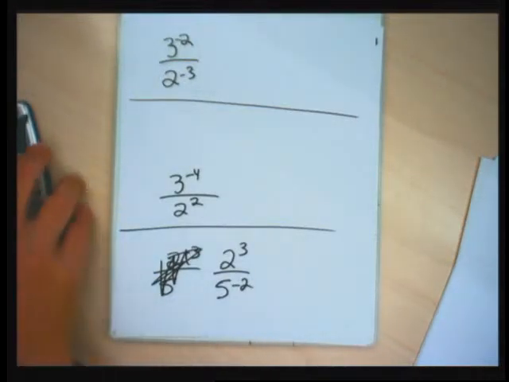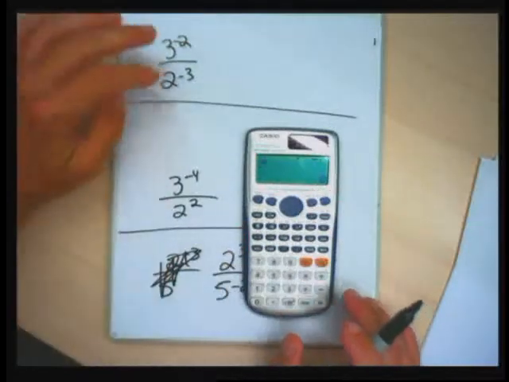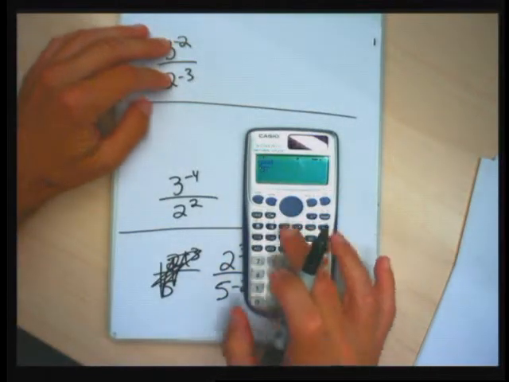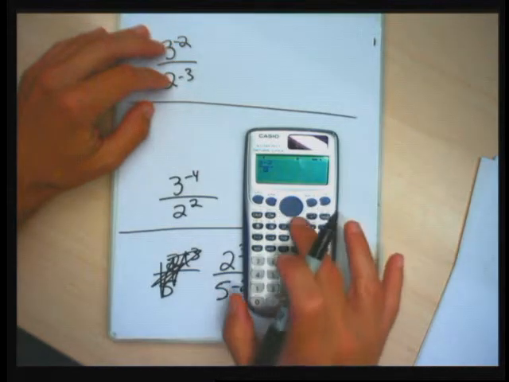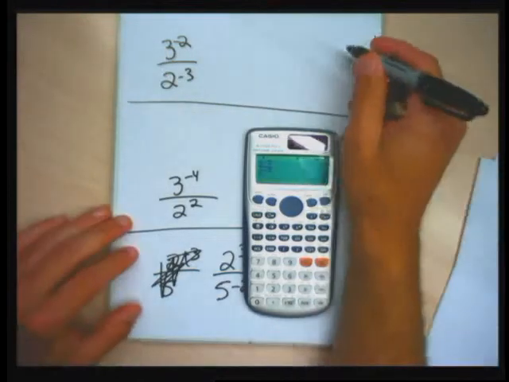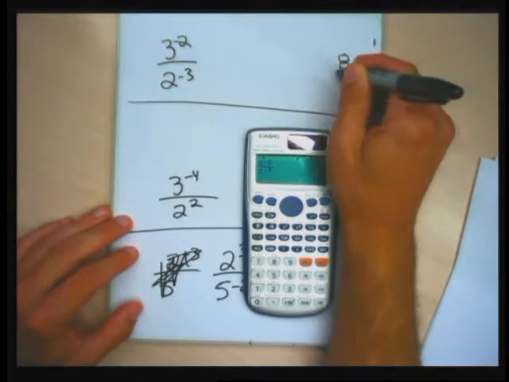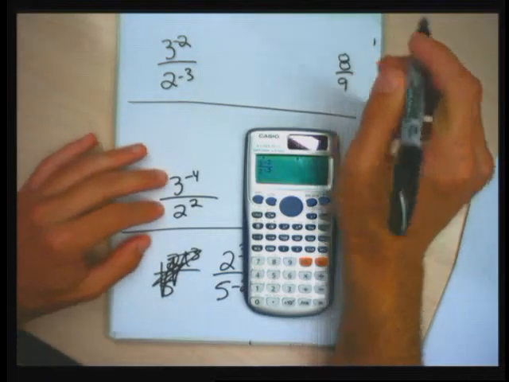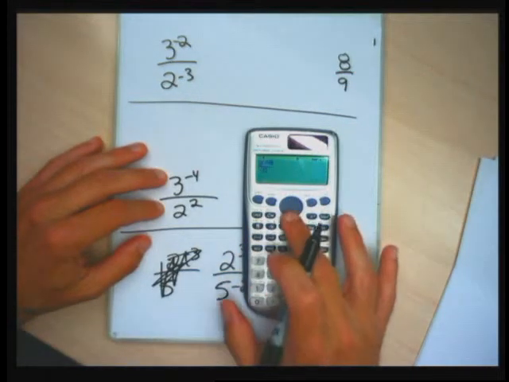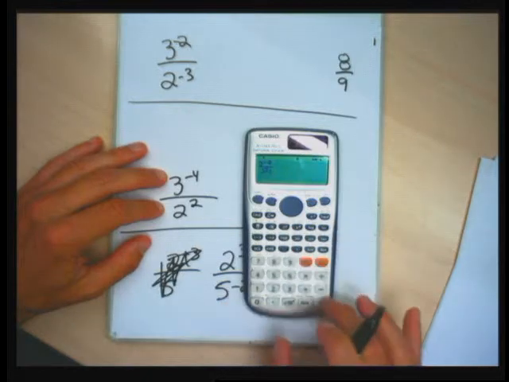I'm going to do each one on my calculator first. Top one, 3 to the negative 2 over 2 to the negative 3. This one's supposed to equal 8 over 9. Middle one, fraction 3 to the negative 4 over 2 squared.